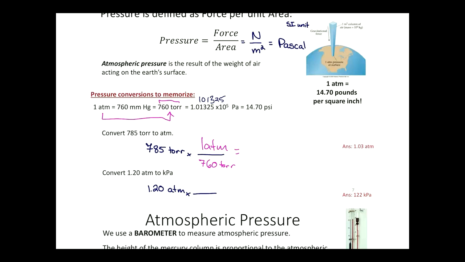So we can also convert atm to kilopascal. It's probably best to convert atm to Pascal first. So 1 atm is equal to 101,325 Pascal, but we're not done. We want to get to kilopascal. So how many pascals are in a kilopascal? 1,000.